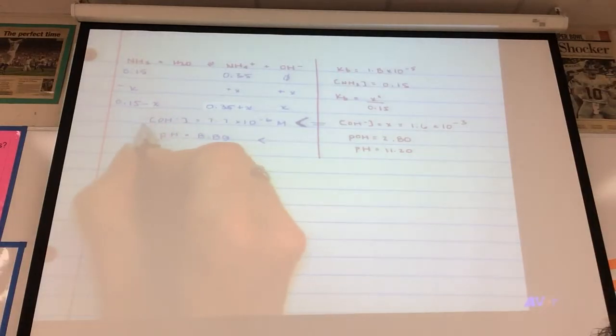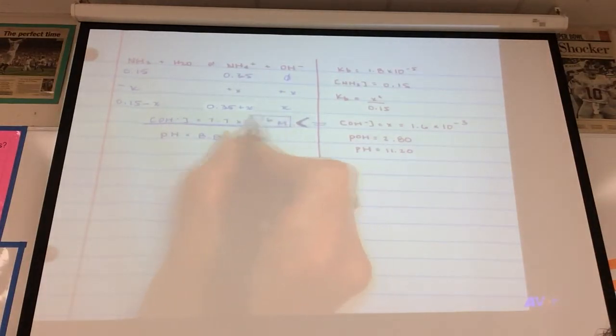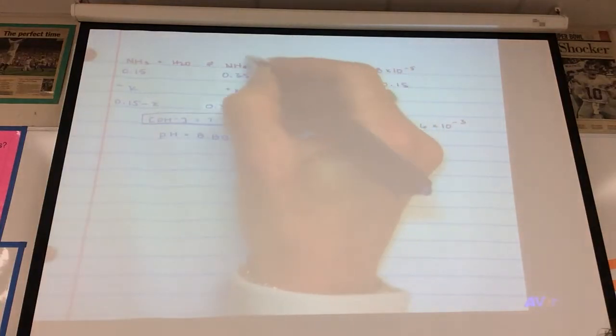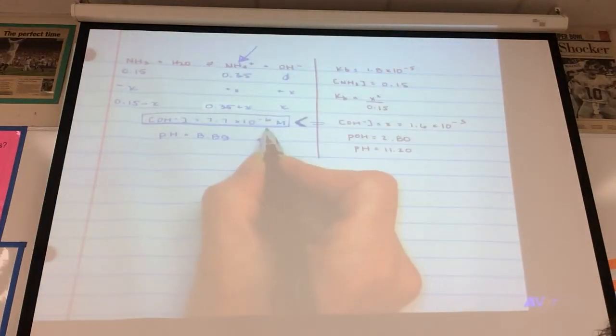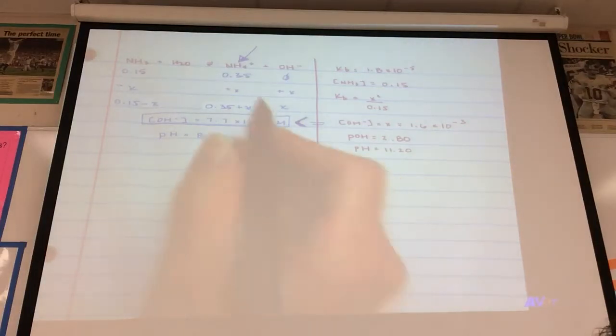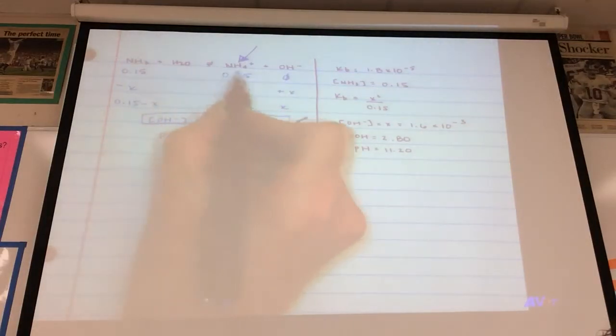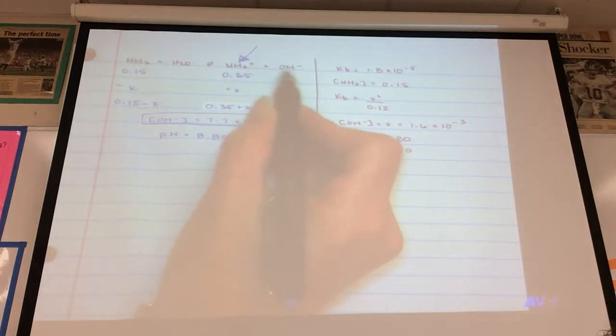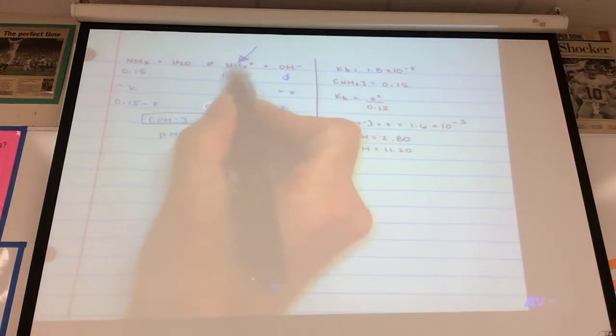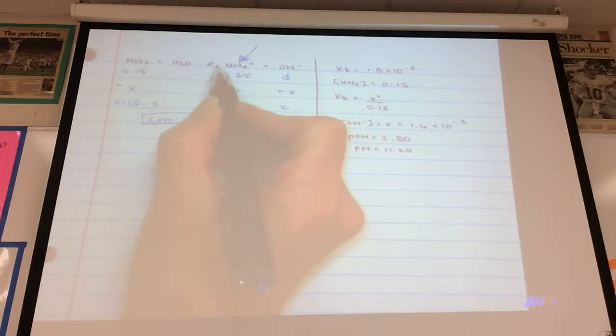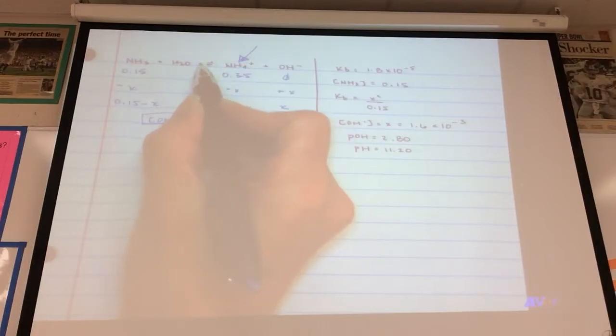In any event, what happened to the concentration of hydroxide ion when you had a common ion? It decreased. And that's because initially the reaction runs in the forward direction and you get a little bit of this. But now you have quite a bit of this, which is going to result in equilibrium shifting to the reverse direction.